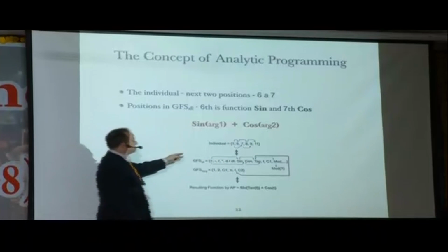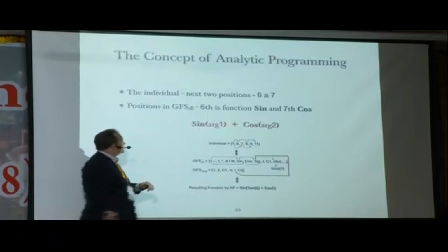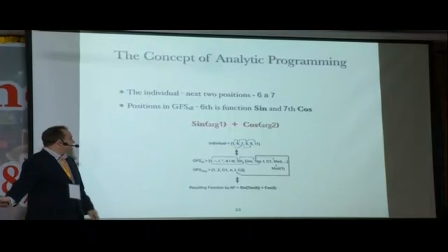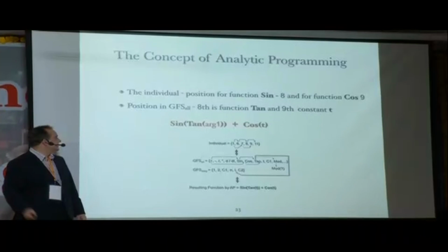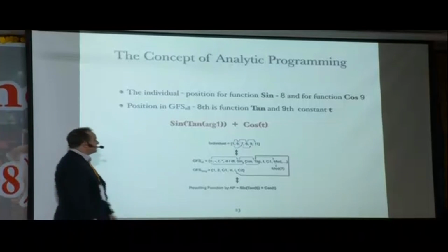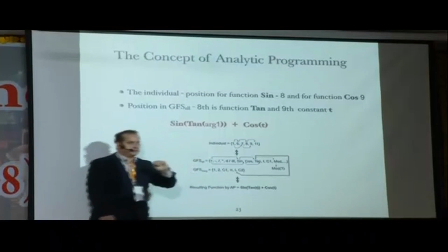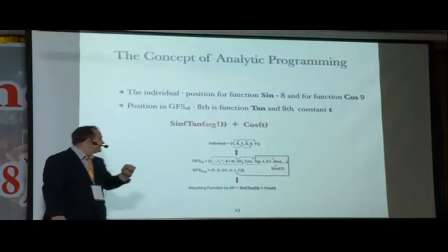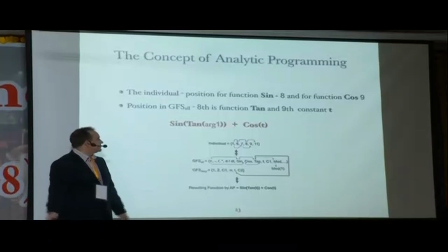So we look into the individual, it's 8 and 9, and in 8 and 9 we can find, for example, the function tangent and finally some variable t. And we need another argument.